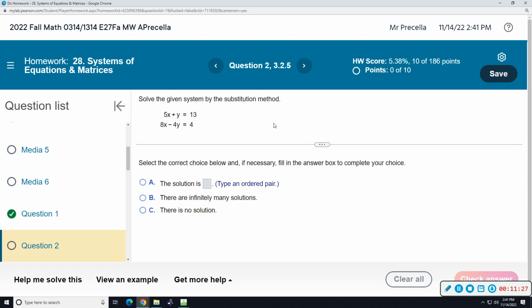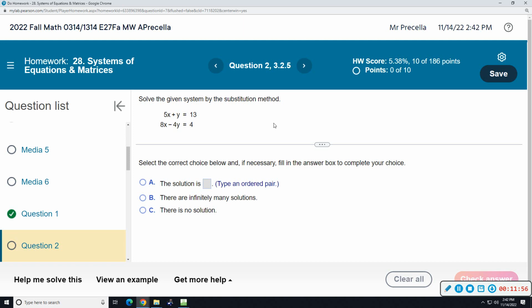Let me write this one down. Problem 2. 5x plus y equals 13, and 8x minus 4y equals 4.